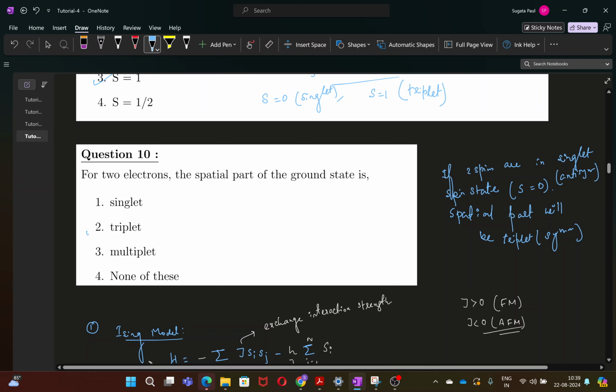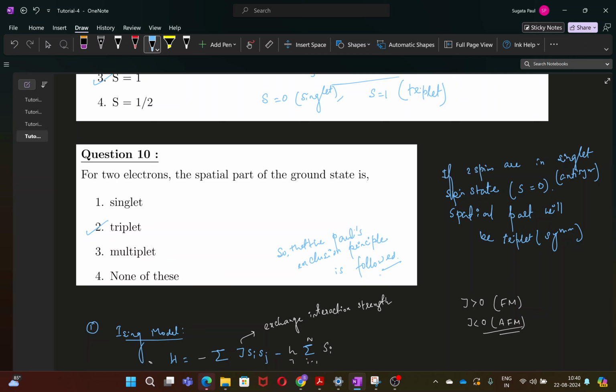So the answer is triplet. This happens so that Pauli's exclusion principle is followed. If the spins take a singlet state, or up and down configuration, for 2 electrons in the ground state, then obviously the spatial part will be a triplet state.